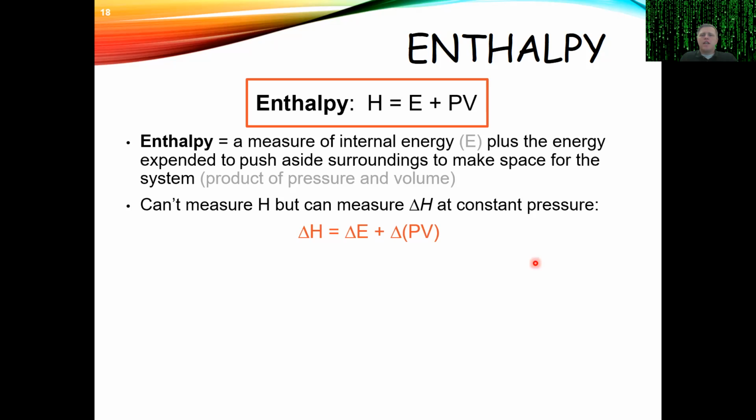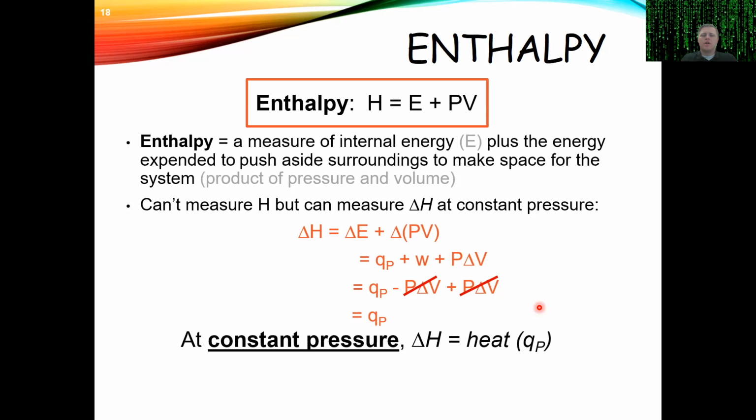Now we've already said that energy is equal to heat and work, and that work is equal to negative P delta V. And so when we're dealing with a constant pressure, and this only works when we have a constant pressure, these two terms cancel out, and our delta H is just going to be equal to our heat. We're going to get to use this delta H in terms of heat a lot in later lectures. So at constant pressure, our delta H is just equal to heat.